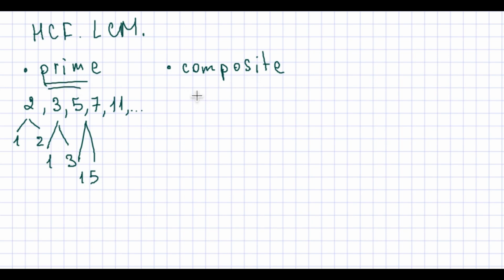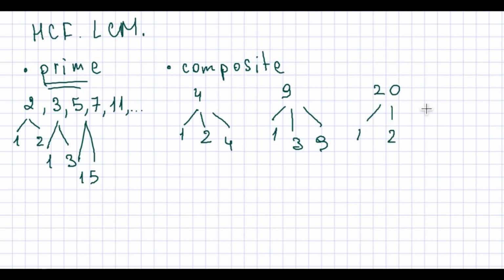But composite numbers like 4 have 1, 2, and 4, 3 factors, 9 has 1, 3, 9. And for example, 20 has 1, 2, 4, 5, and 10.